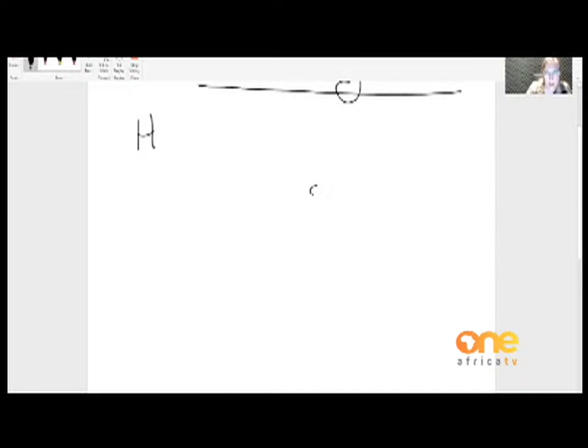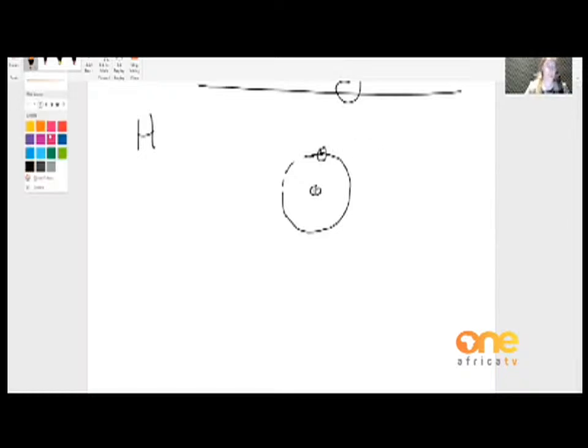And hydrogen has a single positive proton in the center and a single electron floating around the proton. Let me just put that in different colors. Here we go. Orange for electrons. So a single electron floating around the proton. So this is the simplest atom we've got.